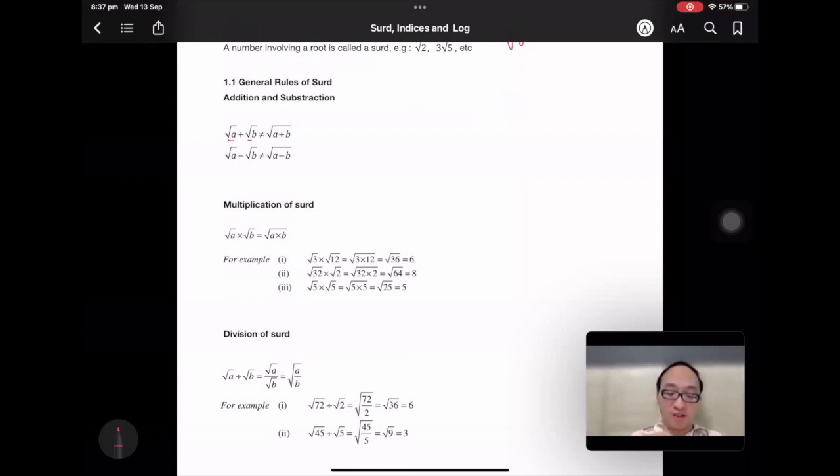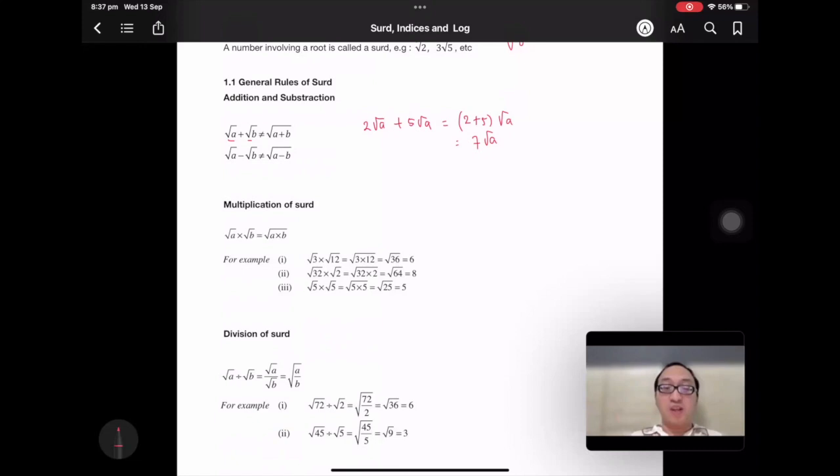So if you want to add surds, you have to have the same surd form. For example, 2 square root a plus 5 square root a can be added into 2 plus 5 square root a, or we can say this is 7 square root of a.